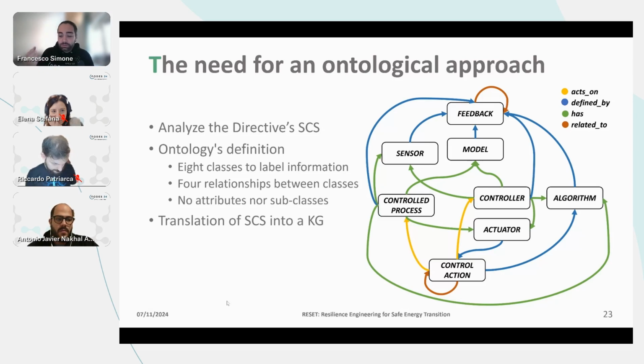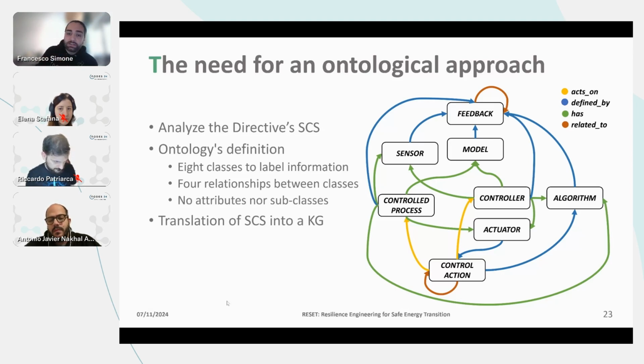So we started by formalizing an organizing principle for the graph by means of an ontology, an entity relationship model, in which we put all the concepts that were identified in the STAMP model to give a sense to the data that we will eventually put in the graph.